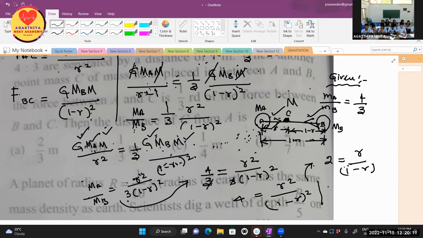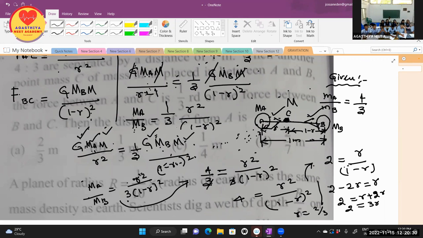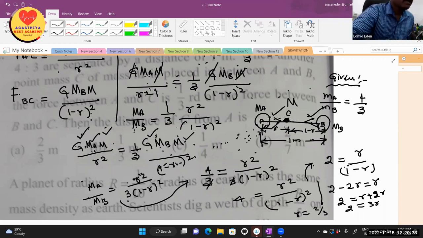Then 2 minus 2r is equal to r. 2 is equal to r plus 2r, that is 3r. Therefore, r is equal to 2 by 3. Okay. Understand, students? Yes, sir.